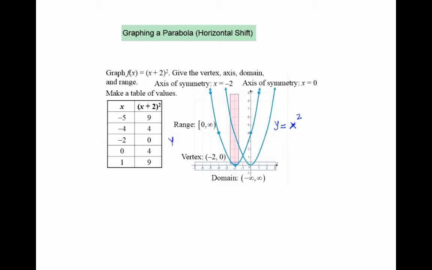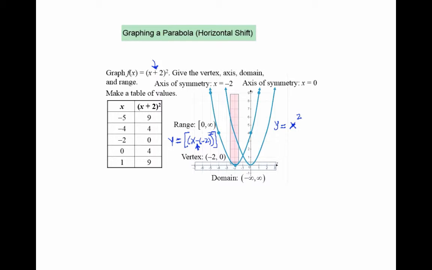Now when it shifts to the left, it looks like y is equal to x plus 2 squared. The reason I'm writing it like that is because that's why here we have plus. This plus is part of the formula. So we're really moving 2 units to the left.